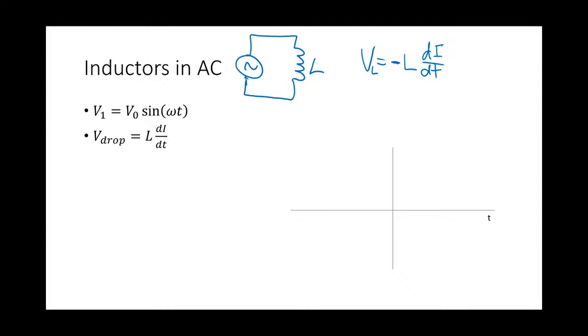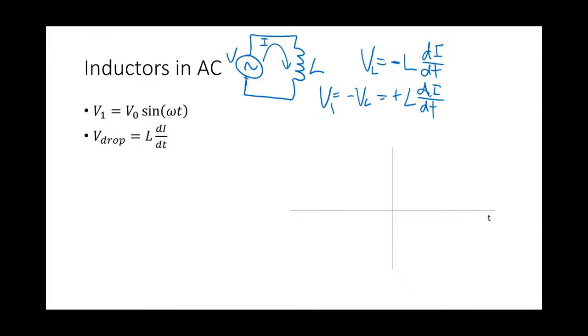And so the voltage, whatever voltage is applied here, gets eaten up by the voltage of the inductor. So that's why V1 is equal to negative VL. So that's positive L di/dt. They of course share the same current, which I didn't make that point earlier, but it should be obvious.